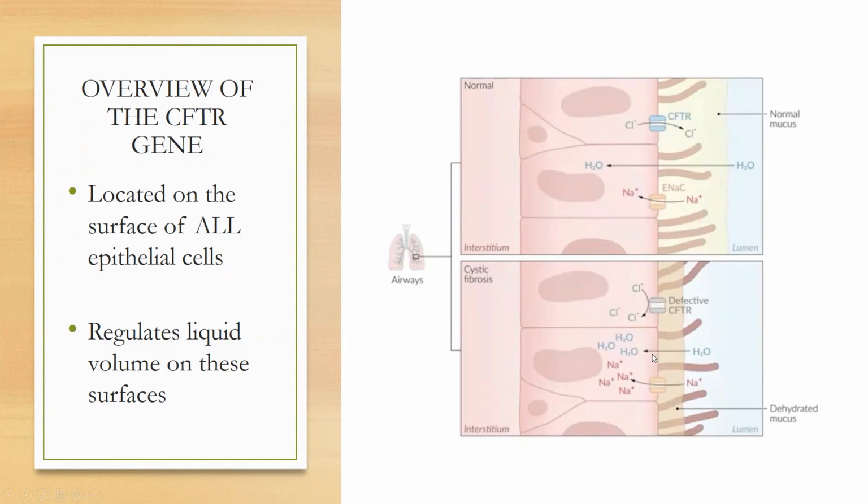And as we know, where sodium goes, water goes. So in cystic fibrosis, when you have a defective CFTR, you're not getting that chloride pumped out, and the liquid volume on the surface is a lot more dense because sodium is influxing in through your ENaC channels, water is following that, and the mucus that is left behind is less watery, more viscous.